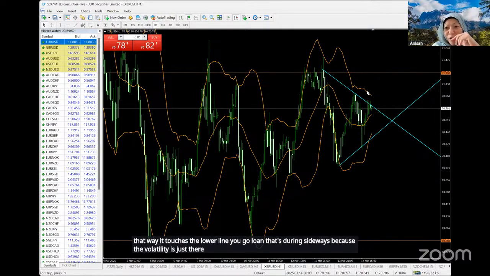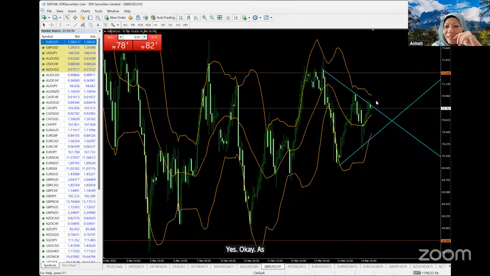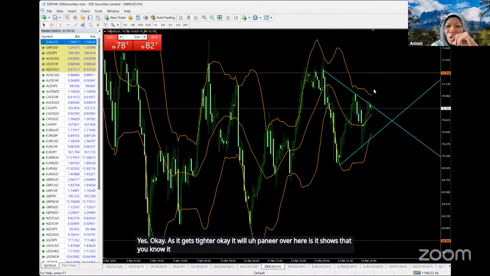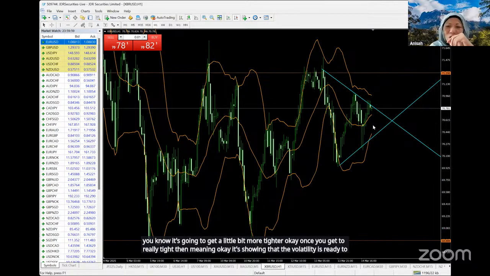If you notice, the Bollinger Band has been narrowing here. As it gets tighter, it shows that it is going to get a little bit more tight. Once it gets really tight, it's showing that the volatility is ready to change the trend.